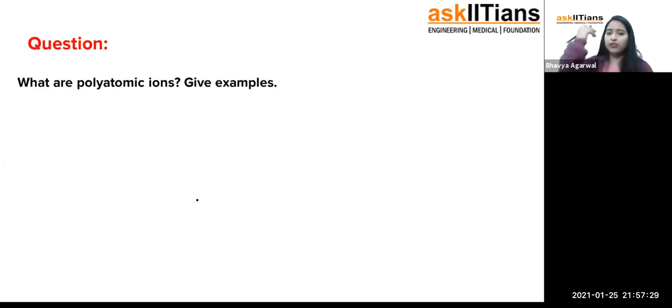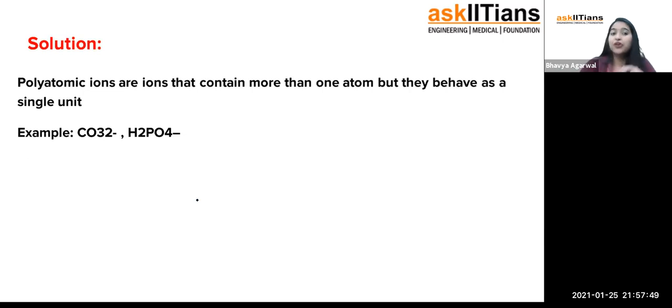Let's see another subjective question. What are polyatomic ions? Give examples. This is the second type of questions which are asked in your school examinations, apart from writing down the chemical formula. So what will be the answer of this? Right.